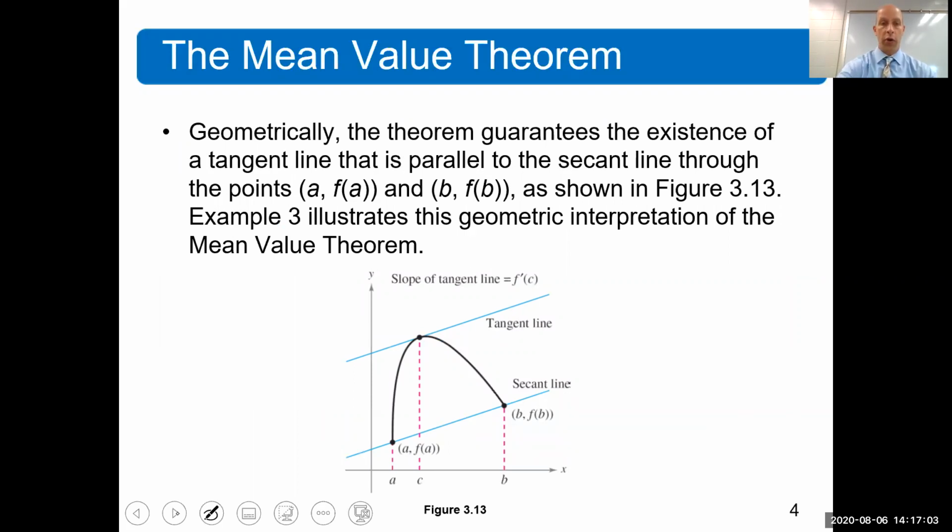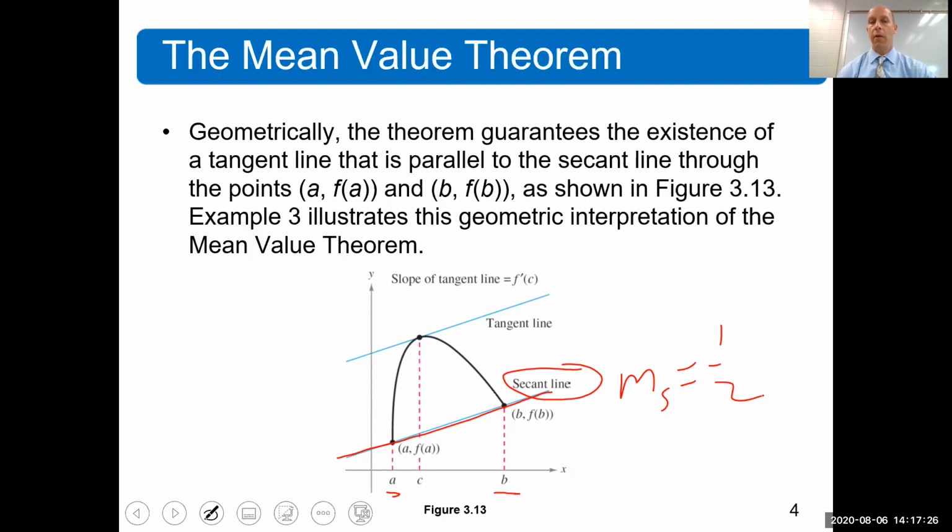You'll notice that we're starting at endpoints. We're starting with x equal to a, going up to x equal to b. We're only considering that piece of the curve. And we find the slope of the secant line. Let's call that slope m sub s and say it's 1/2.